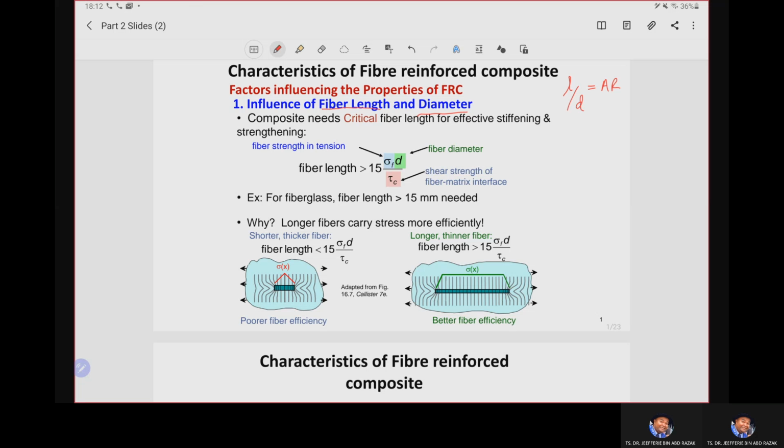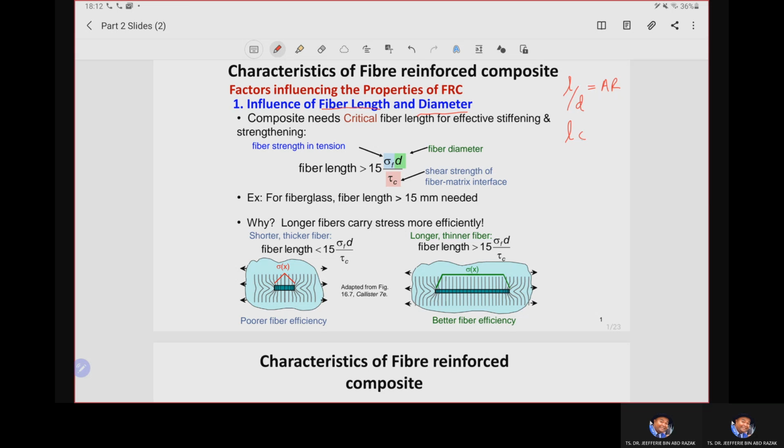The higher the aspect ratio of the fibers used in the composite, the higher the performance of the composite will be. As you all remember at the previous slide also, I've already mentioned that the fiber reinforced composite or FRC requires certain critical fiber length, the critical length, the LC, so that the fiber can perform their function efficiently for efficient stiffening and strengthening effects.